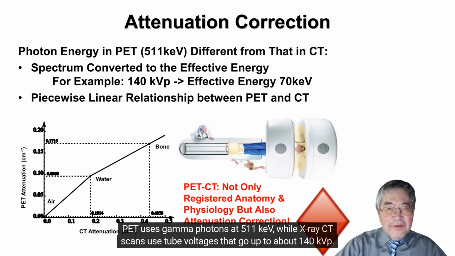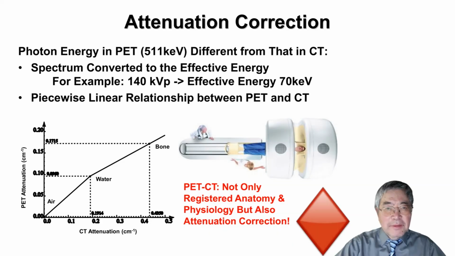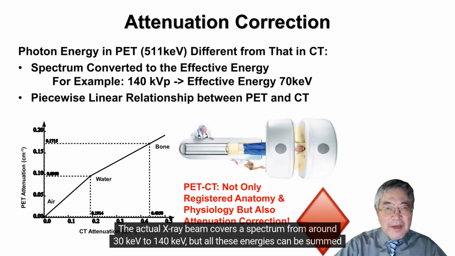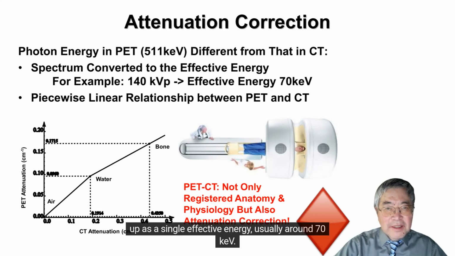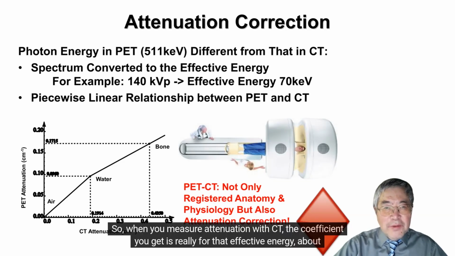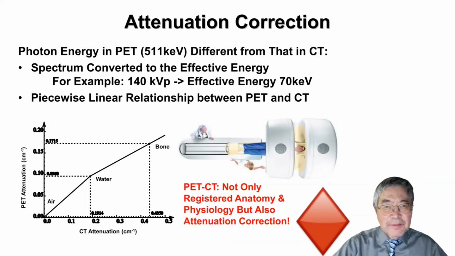PET uses gamma photons at 511 keV, while X-ray CT scans use tube voltages that go up to about 140 kVp. The actual X-ray beam covers a spectrum from around 30 keV to 140 keV, but all these energies can be summed up as a single effective energy, usually around 70 keV. So when you measure attenuation with CT, the coefficient you get is really for that effective energy, about 70 keV.